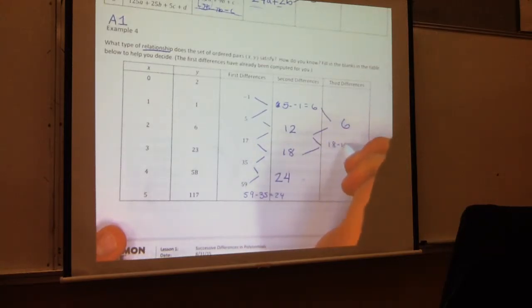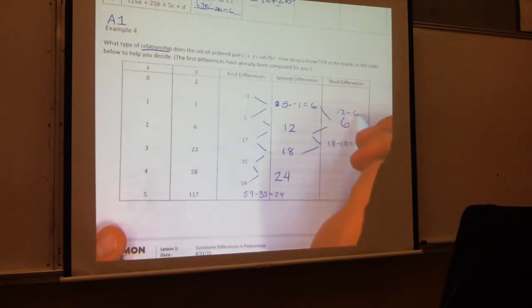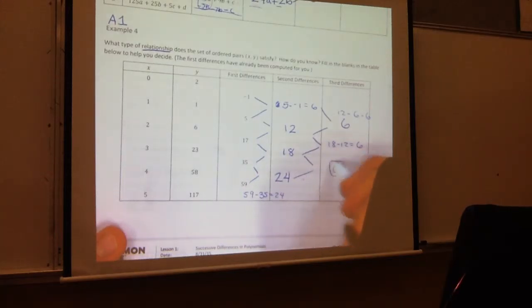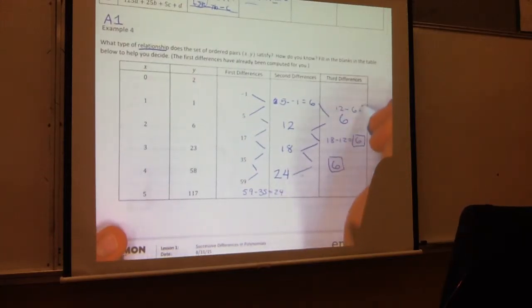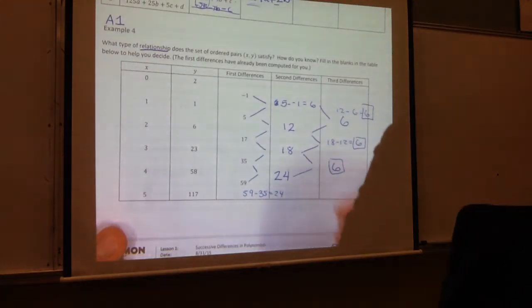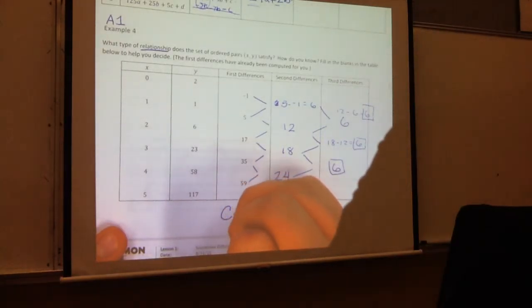18 minus 12 is equal to 6. 12 minus 6 is also equal to 6. 24 minus 18 is 6. And so we see this common difference here. And because we see that common difference, we know that it's a cubic.